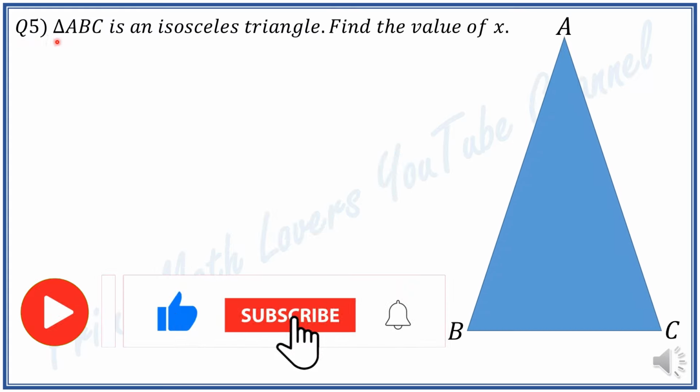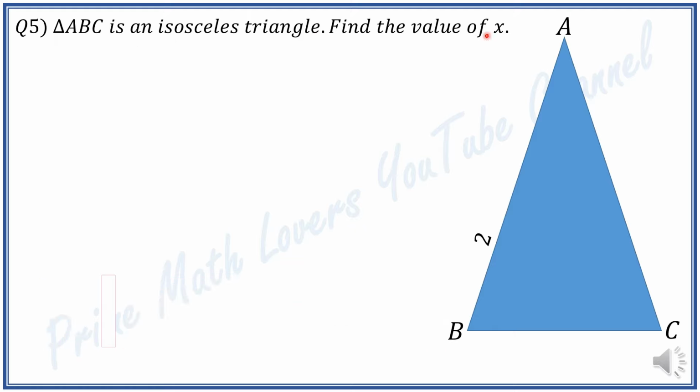Question 5. ABC is an isosceles triangle. Find the value of x. To solve this problem, we'll use the property of an isosceles triangle, which states that in an isosceles triangle, the lengths of two sides, or legs, are equal.